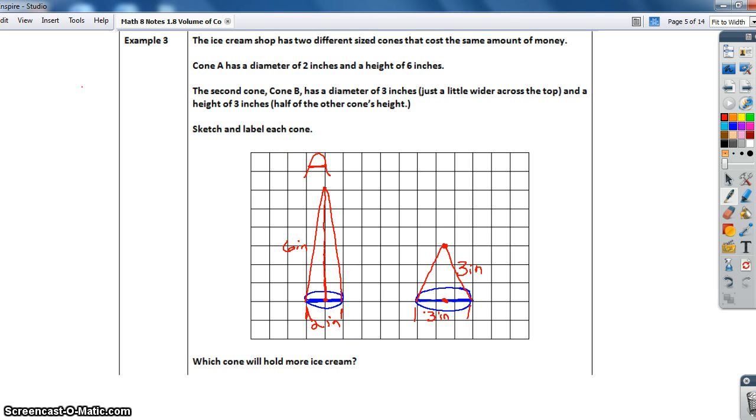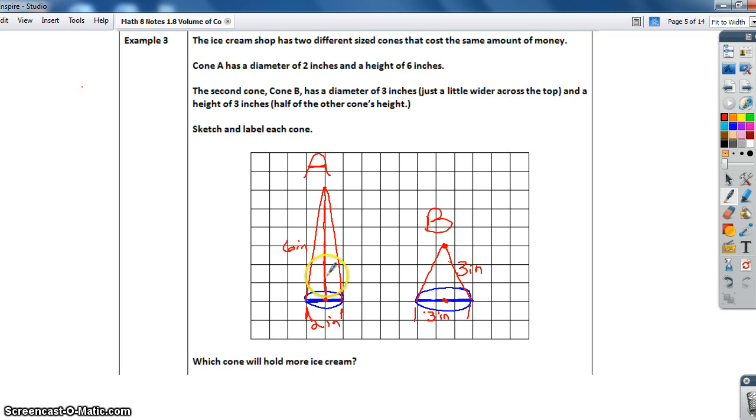All right, does yours match mine? Yes. And label it cone B. Now by looking at those, it asks us, which one do you think will hold more ice cream? Like if you're to pack the inside full of ice cream, which cone would you rather have? They said they cost the same price.